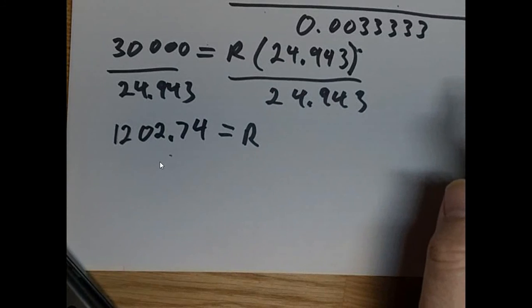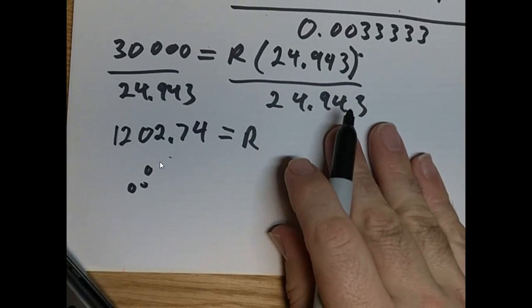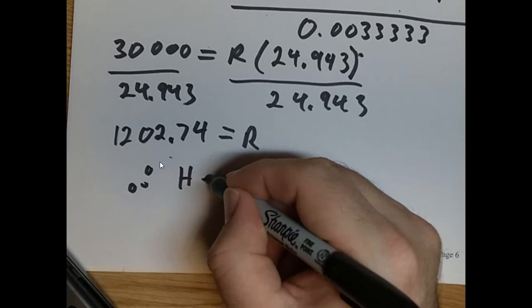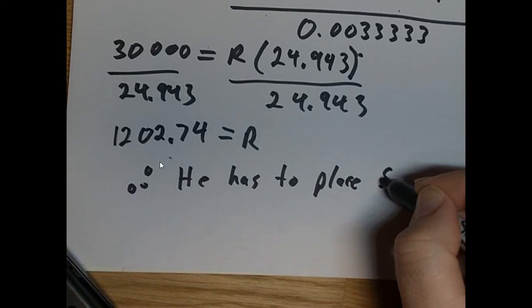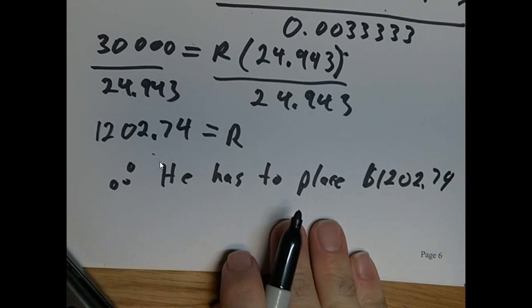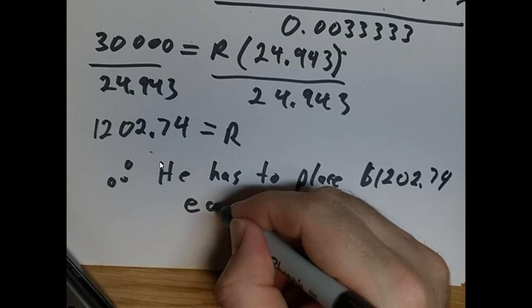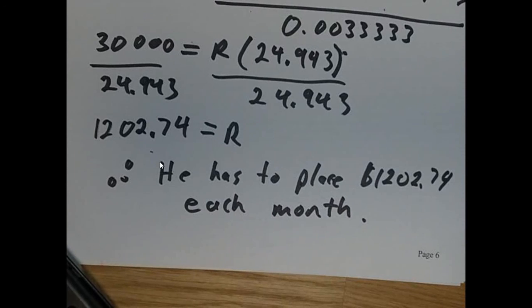That's our R. So therefore, he has to place 1202.74 each month in order to have 30,000 for his car.